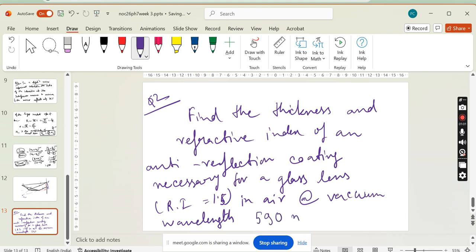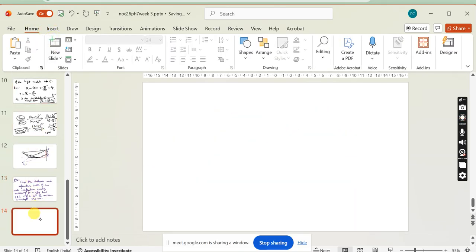So first we need to calculate the refractive index of that coating, that is n_c is root of n_0 into n_g. So n_0 here is not mentioned... oh no, it's mentioned that it is for a glass lens in the air.